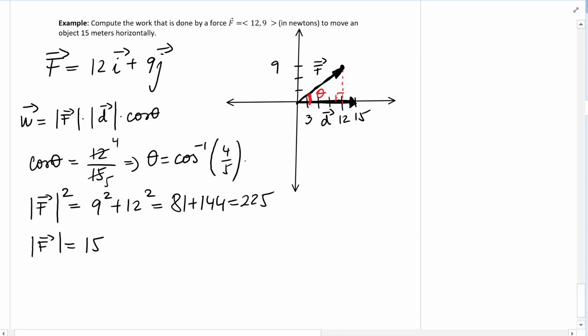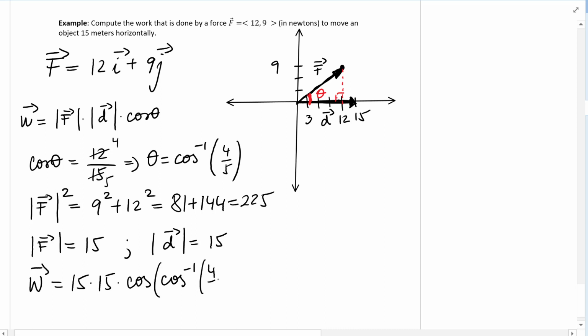So I know the magnitude of F, and I can find the magnitude of d, which is 15. So the work is 15 times 15 times cosine of inverse cosine of 4 over 5.